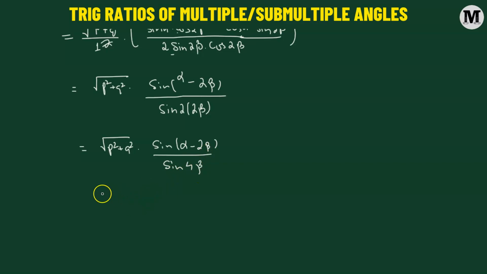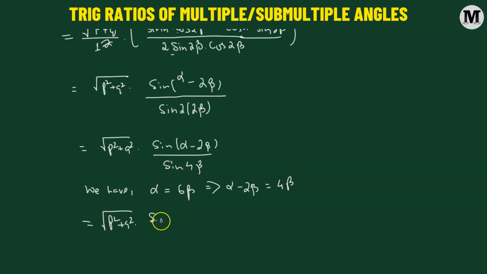However, we are given the relation that alpha equals 6 times beta, which implies that alpha minus 2 beta will simply equal 4 beta. Now that means we have square root of P squared plus Q squared multiplied by sine of the angle alpha minus 2 beta, which will become 4 beta, and in the denominator we have sine 4 beta.